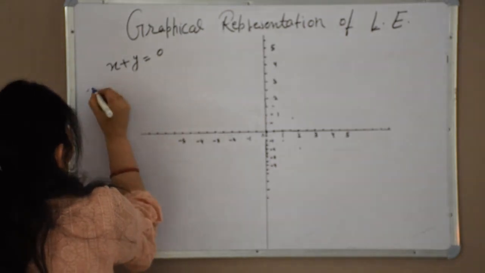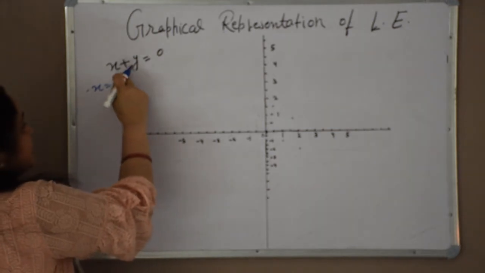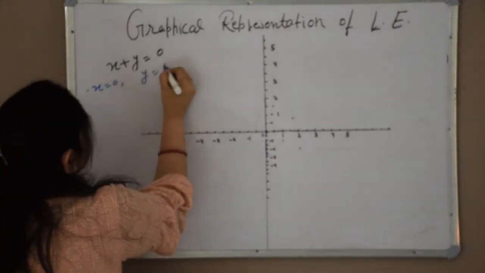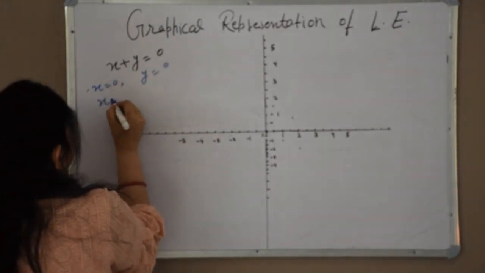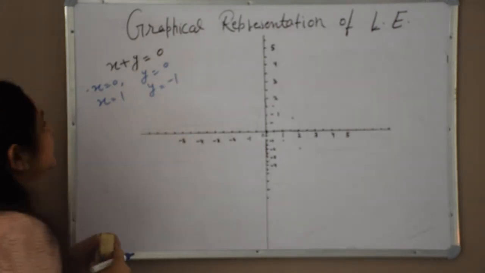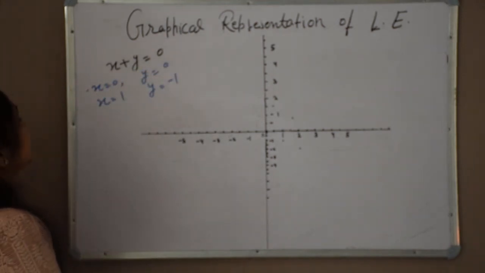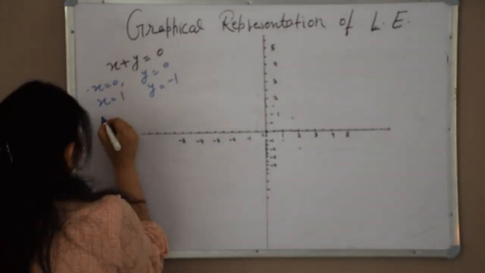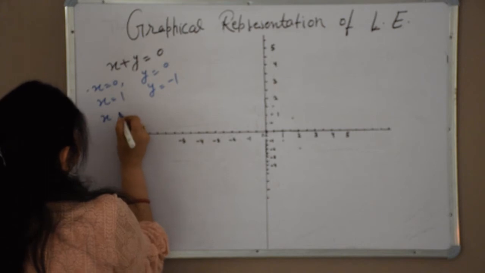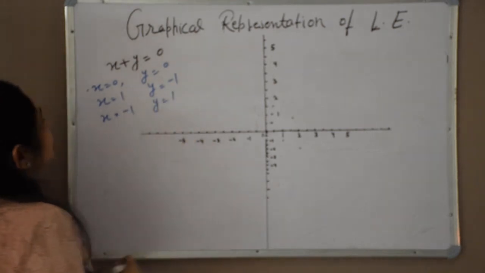Suppose I am taking x is equal to 0. In that case, putting x is equal to 0 here, y is equal to 0. If I am taking x is equal to 1, then y becomes minus 1. X is equal to 1 and it will go that side, it will become minus 1. And if I am taking x is equal to minus 1, then y will become 1.